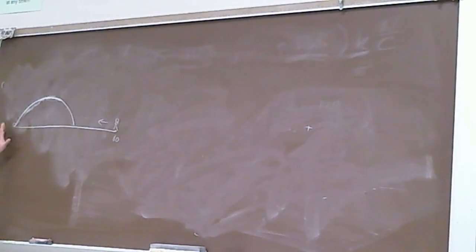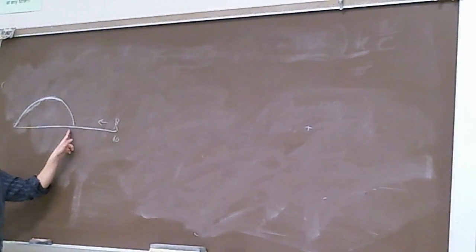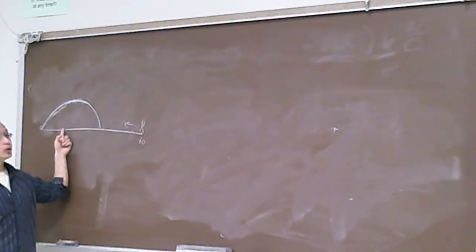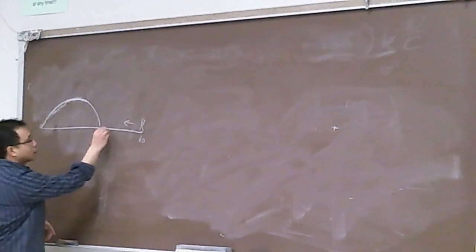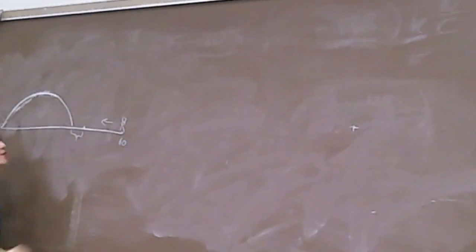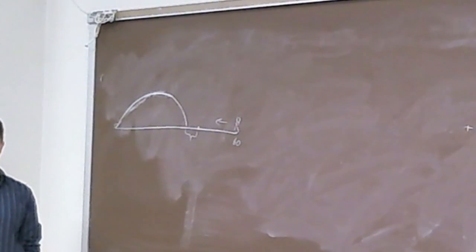So when the ball hits the ground, this one will have run to some place. We don't know exactly where it is. It may be here or here or here. It's just supposed to run to here. So we want to find the distance between the player and the landing point of the ball.